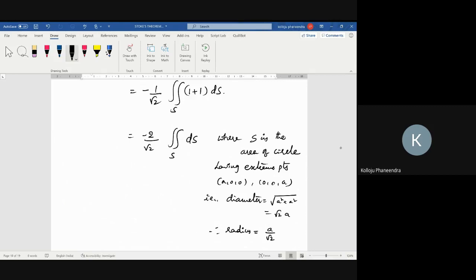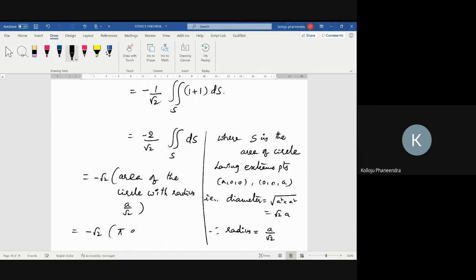Radius is given. So this is minus root 2 into, this is the side part, this is the explanation. Minus root 2 into the area of the circle, with radius A by root 2. So minus root 2 pi r square.